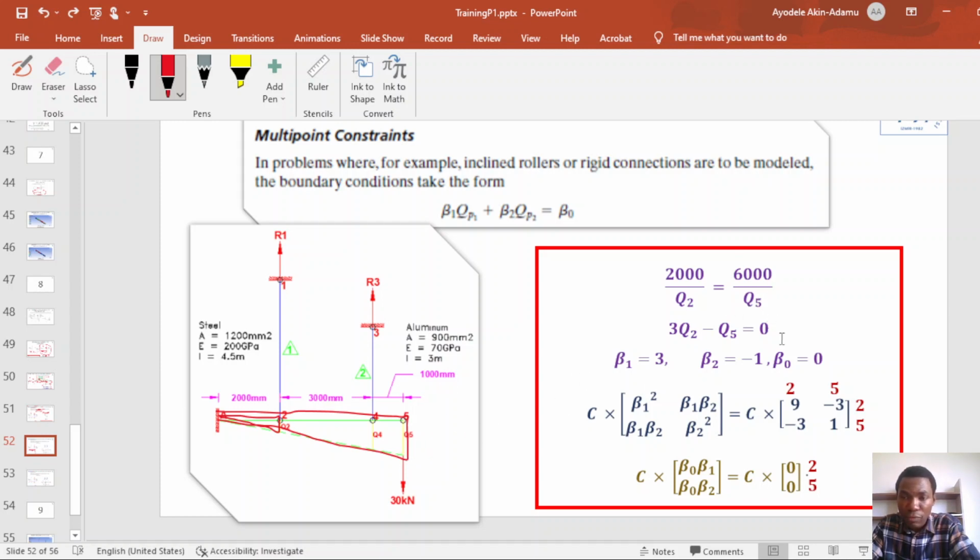If we solve this, you get this equation: 3Q2 minus Q5 equals 0.